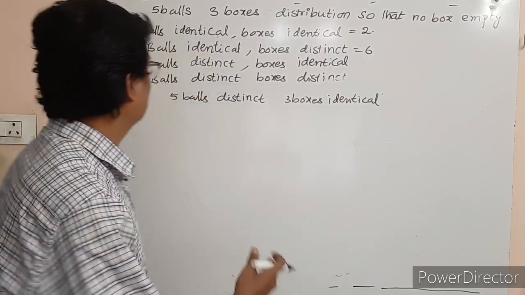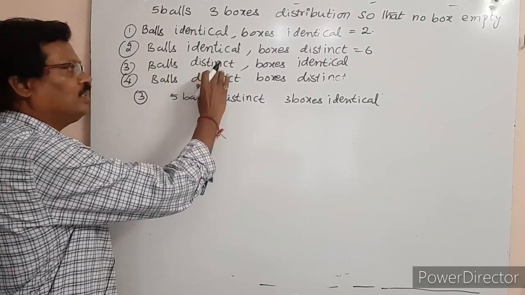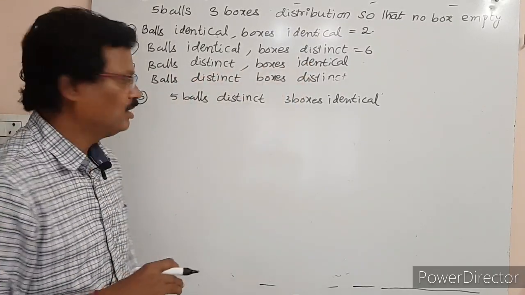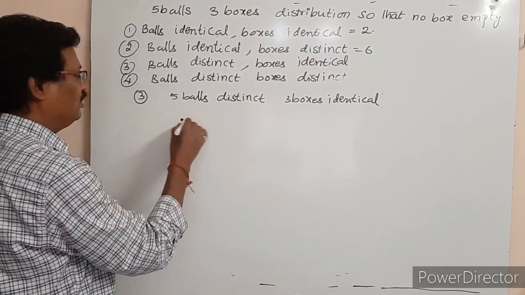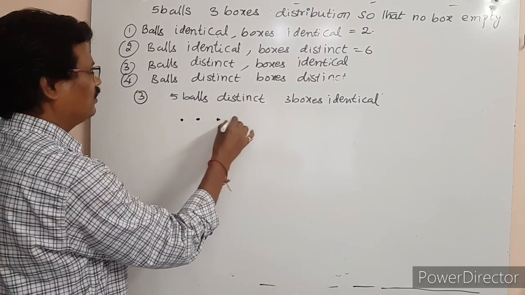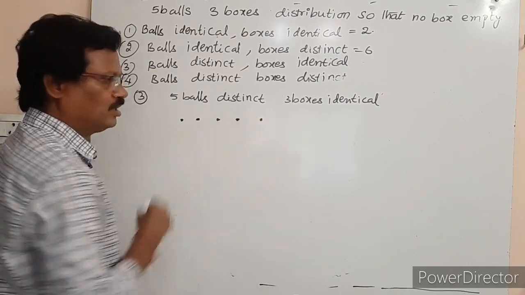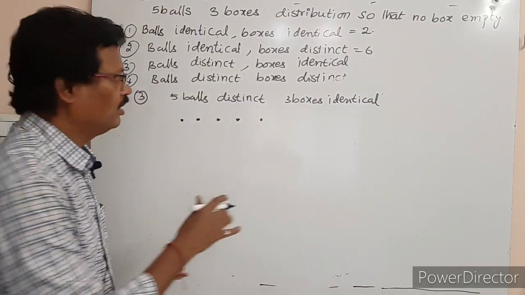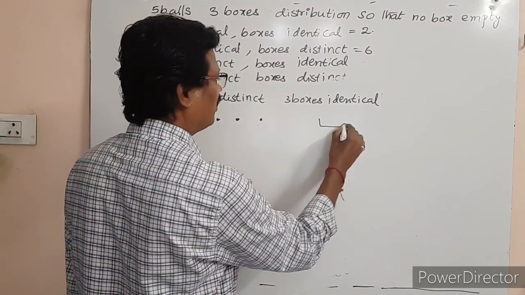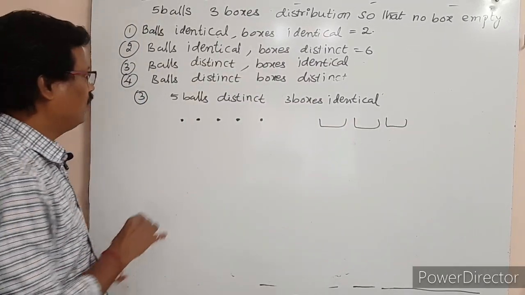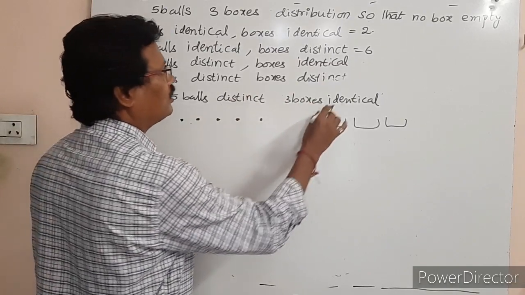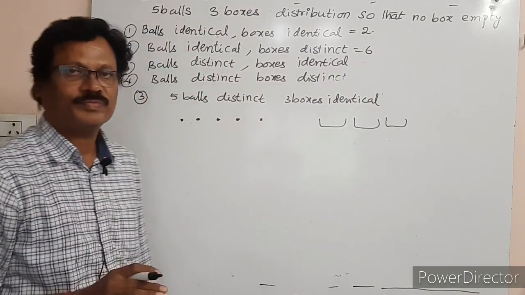Next, third one. The balls are distinct, boxes are identical. Five balls are distinct, three boxes are identical. 1, 2, 3, 4, 5 balls, these are all different. And three boxes are identical. Now five balls into three boxes so that no box is empty.